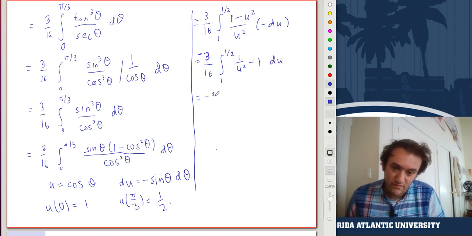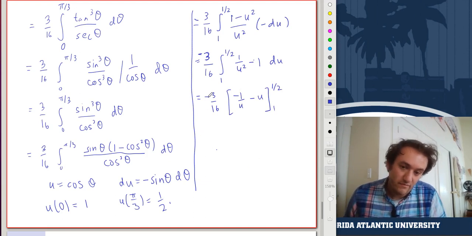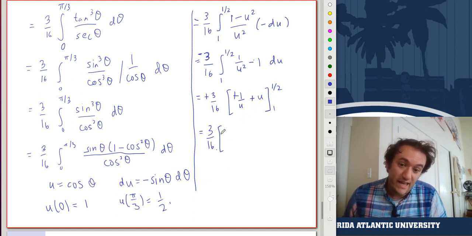Taking the antiderivative, minus 3/16 of (minus 1 over u minus u) from 1 to 1/2. We can change all of these minus signs to pluses, and we have 3/16 times (2 plus 1/2, which is 5/2, minus 1 over 1 plus 1, which is 2).